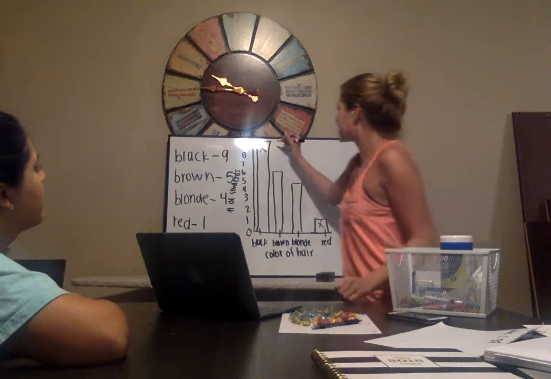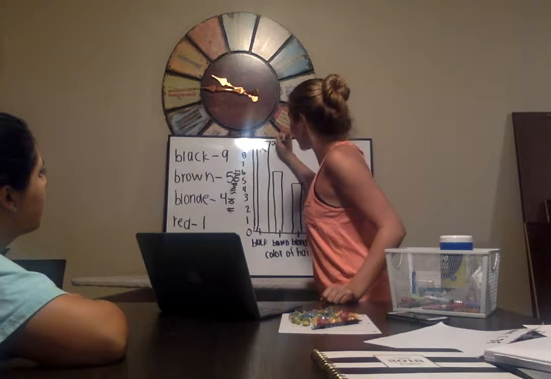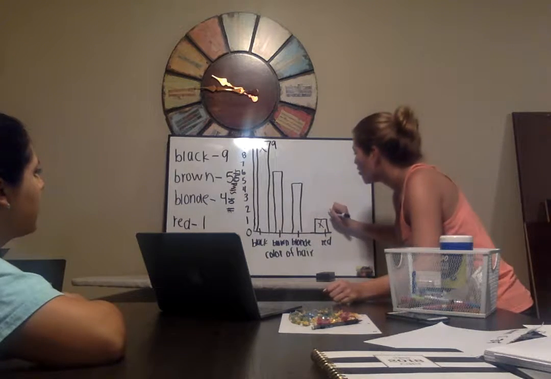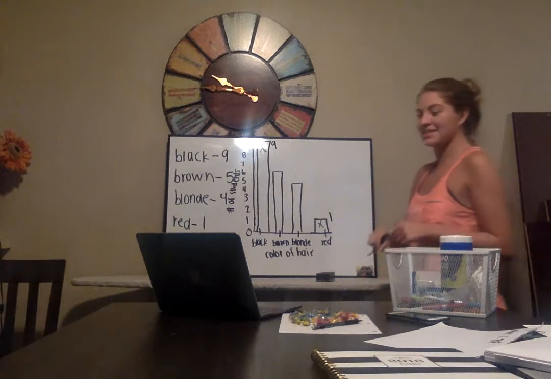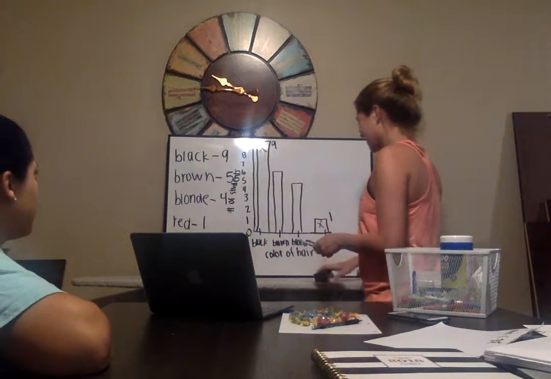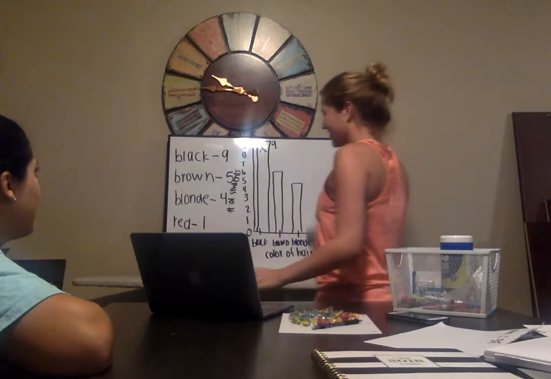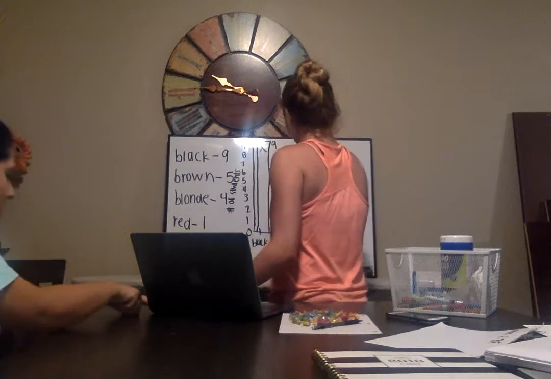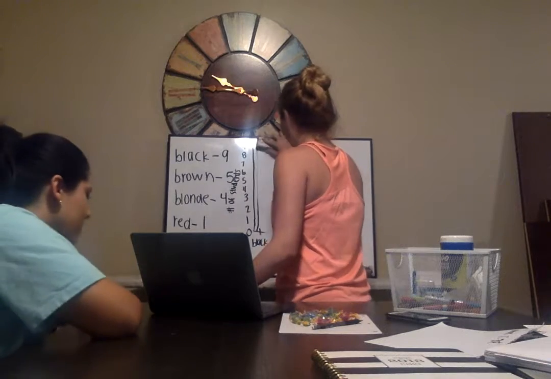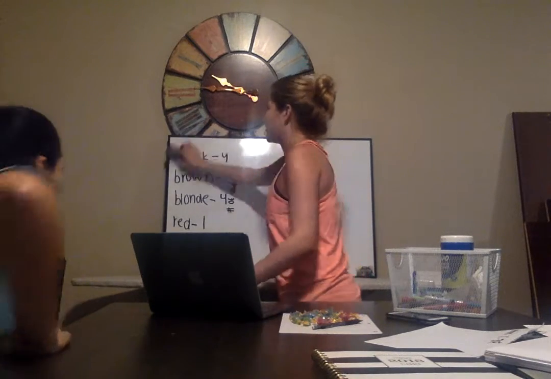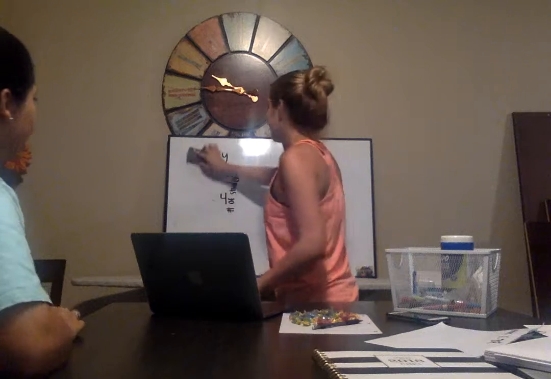Red has the least because black has 9 compared to 1. Okay, does everyone understand? Yes? Yes. Okay. Let's move on to our next example.